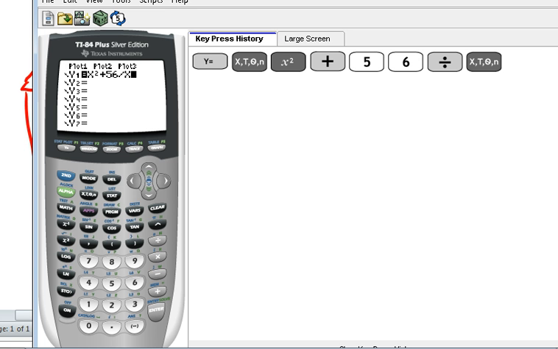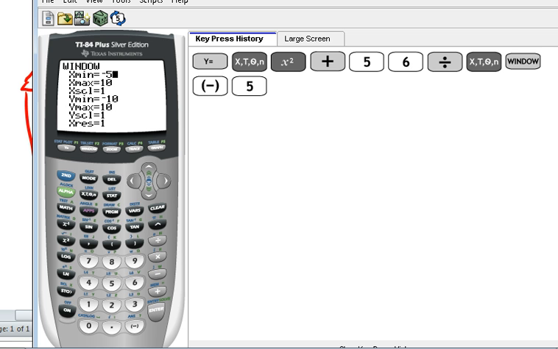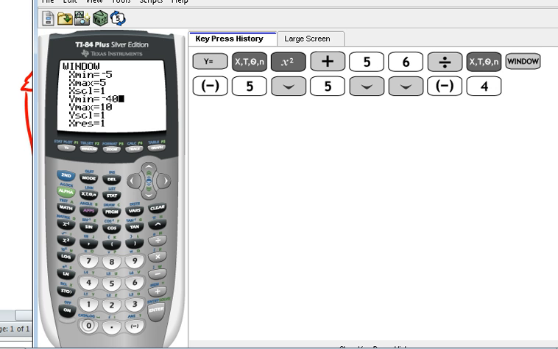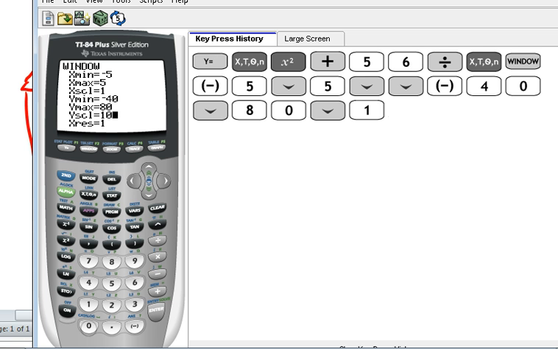We're going to adjust the window. And we're going to have it go from -5 to 5 for x min and x max. Y min we're going to let be -40. Y max we're going to let be 80. And Y scale can be 10.